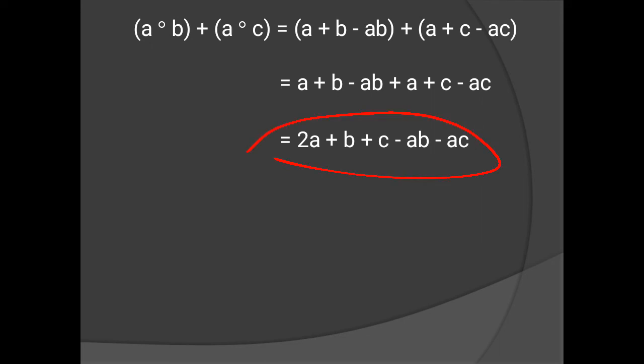So, comparing the two, we have 2A plus B plus C minus AB minus AC, but the previous one is A plus B plus C minus AB minus AC, which means they are not equal.